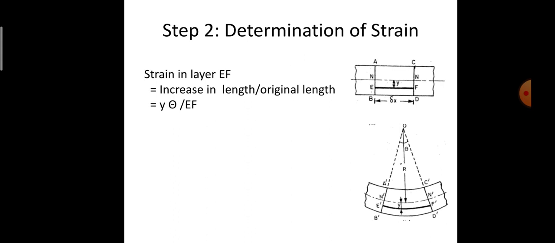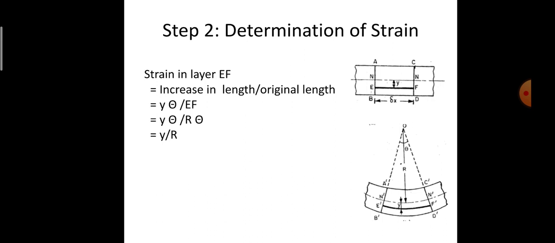So Y times theta divided by EF. EF was equal to r times theta, so after substituting it becomes y theta divided by r theta. Theta and theta get cancelled.